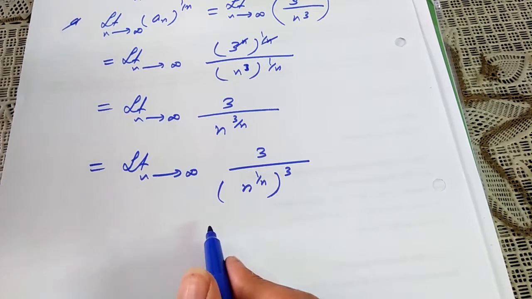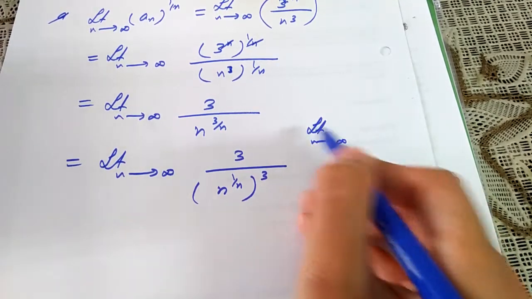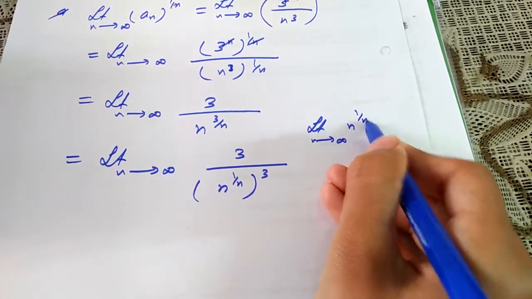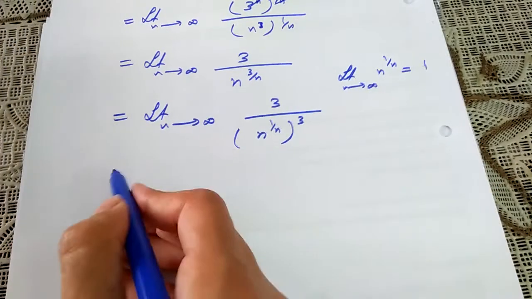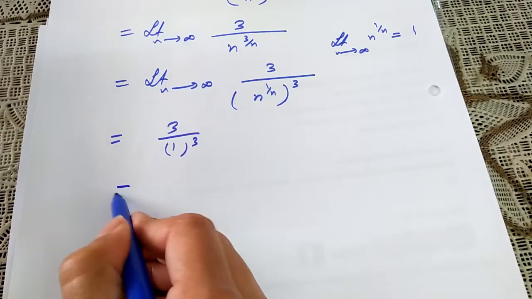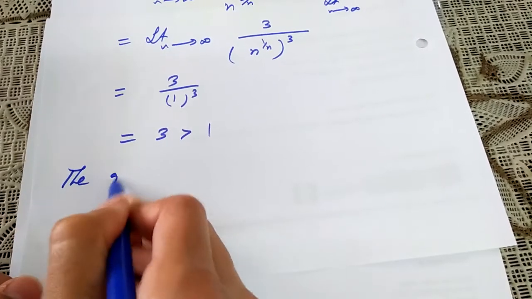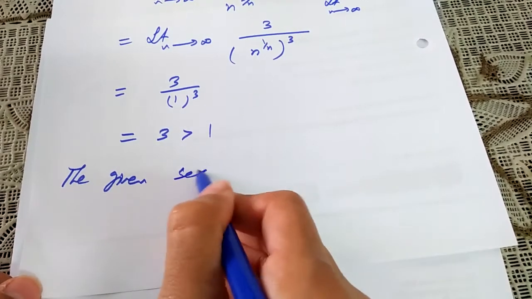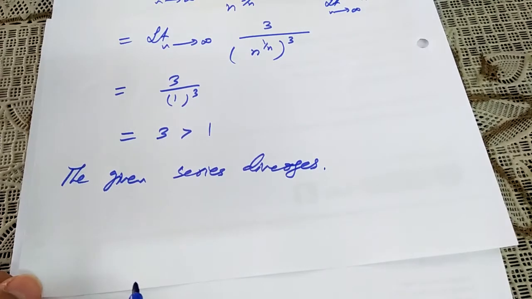Now you know that the limit as n approaches infinity of n raised to power 1 over n will always give you 1 in your answer. So it will become (3 over 1) whole cube. So it will become 3, that is greater than 1. So it means the given series diverges by using the Cauchy's root test.